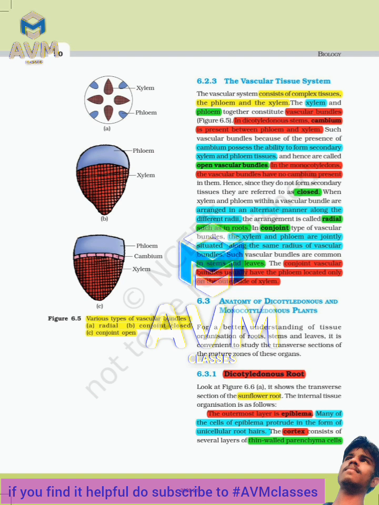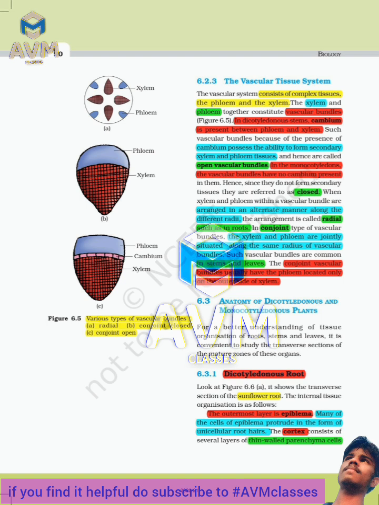In conjoint type of vascular bundles, the xylem and phloem are situated at the same radius of the vascular bundle. Such vascular bundles are common in stems and leaves. The conjoint vascular bundles usually have the phloem located only on the outer side of xylem.